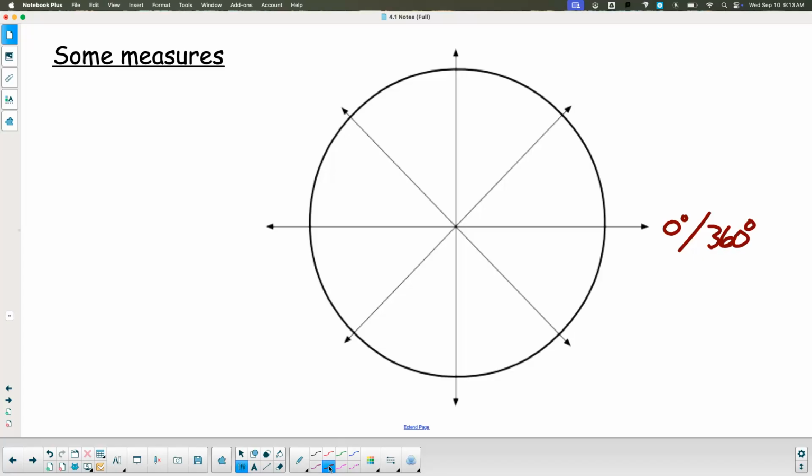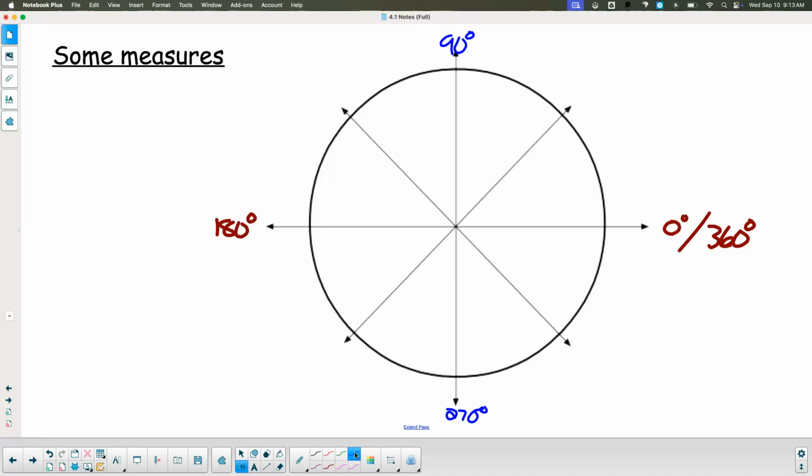Halfway around would be 180 degrees. Then half of half would be 90 degrees. Half of the other half would be 270 degrees.